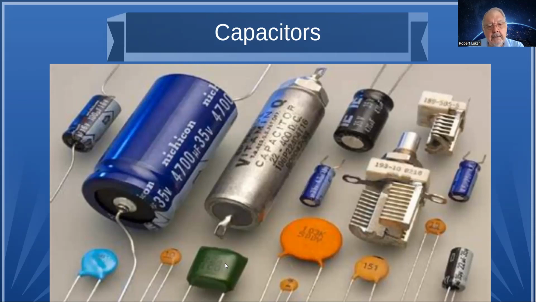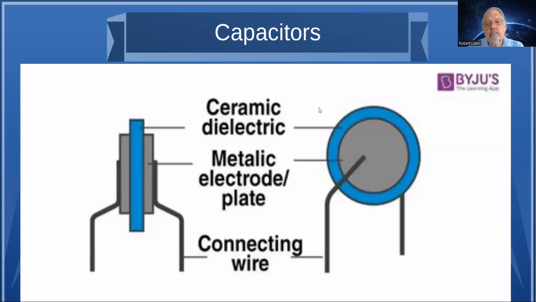You have some others down here, like this, I think is probably a Mylar, which is the dielectric and the foil all wrapped up in that little package. There's the typical ceramic disc capacitor and how they're constructed.